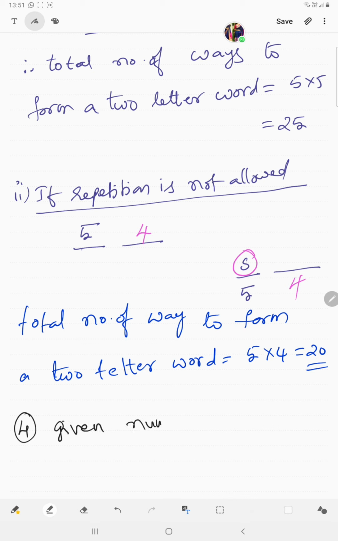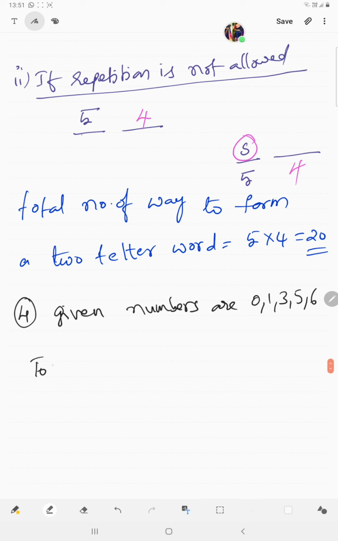Given numbers are 0, 1, 3, 5, 6. Means total 5 numbers are given, or 5 digits. It is easy, right? 5 digits.